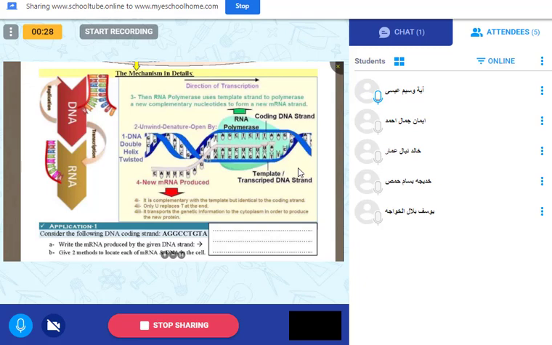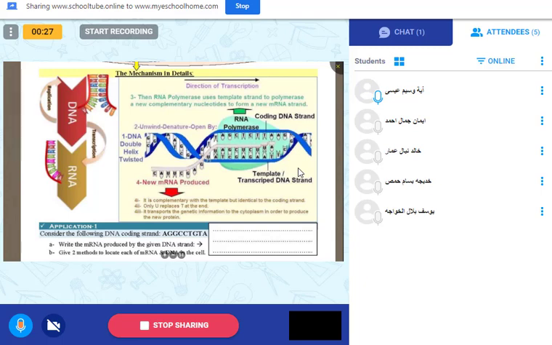It is complementary with the template but identical to the coding strand. Let's see, Aya, is it complementary to the template? Is it directly opposite to it? The messenger RNA, is it complementary, meaning opposite to the template? The template, for example, you told me I have A, you told me opposite to it U, T opposite to it A, C opposite G, G opposite C. So it is correct, complementary.